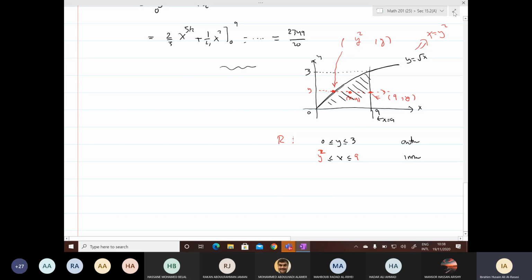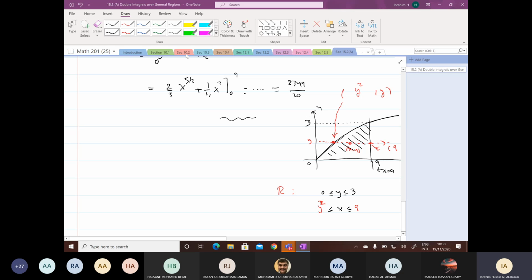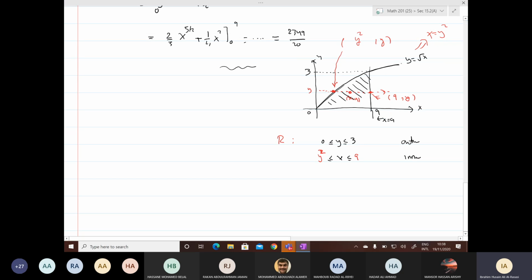So just let me write the limits of integration. In this case, double integral over R of x plus y dA equals double integral of x plus y dA. Now you choose the outer to be y from 0 to 3.